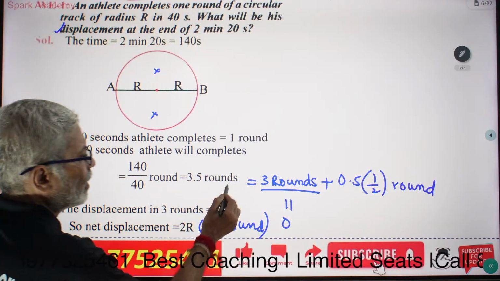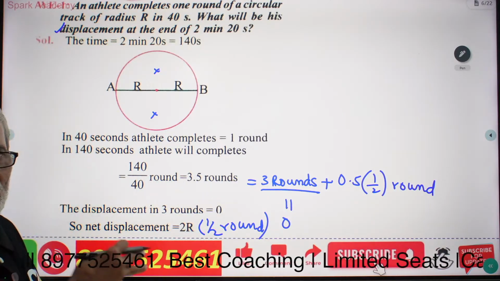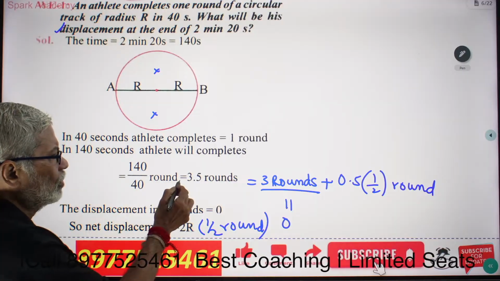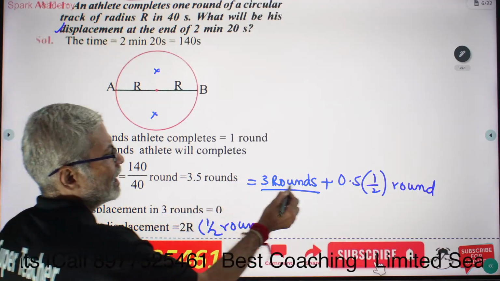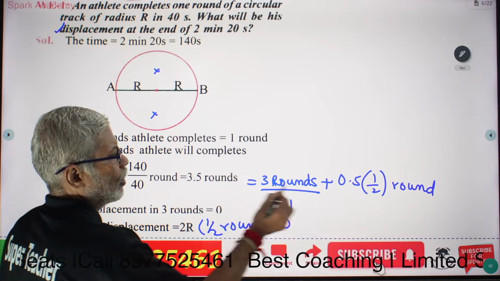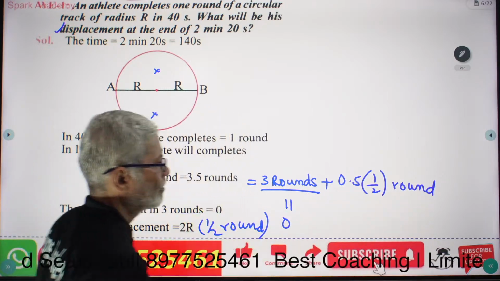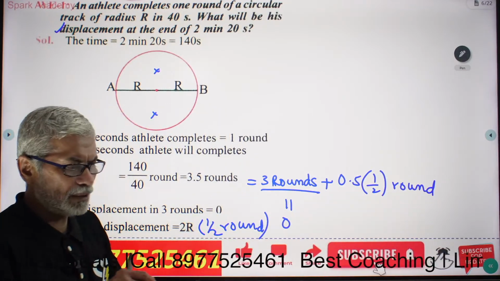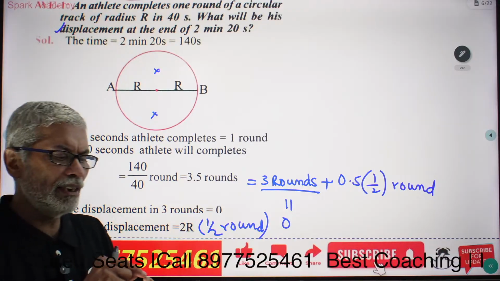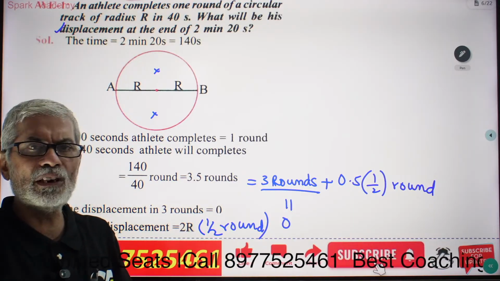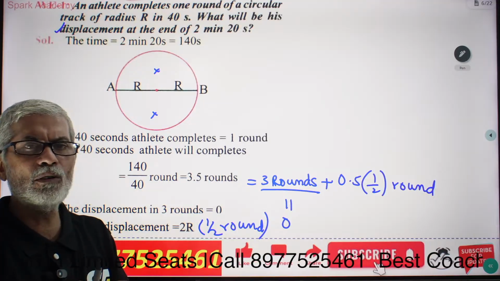So 3.5 rounds, to apply physics on it, you write this as 3 rounds plus 0.5, that is half round. Now I told you, if the body comes back to the initial position, then displacement will be 0.